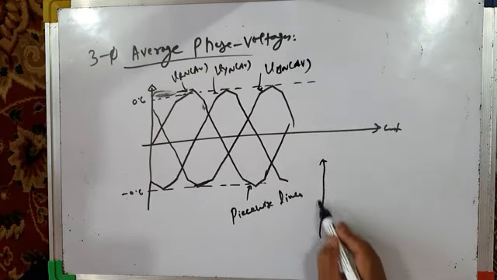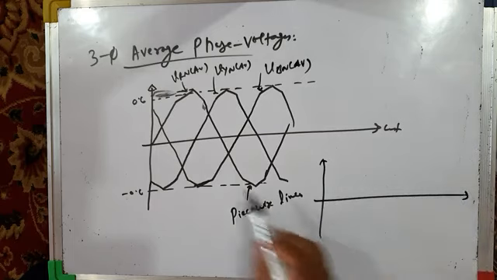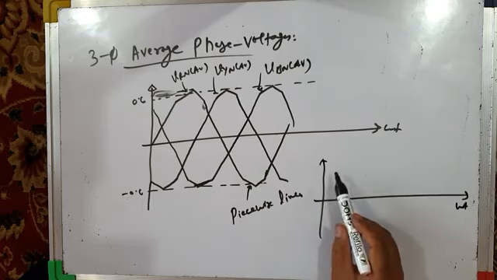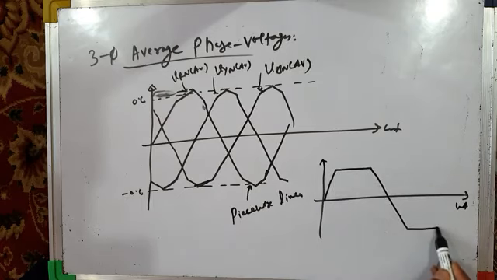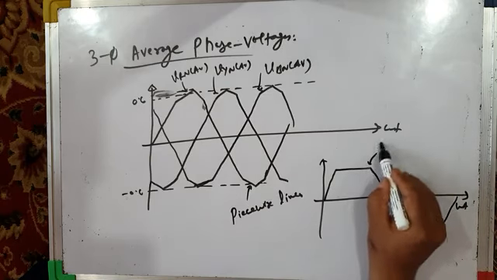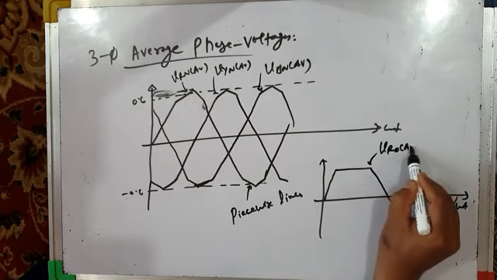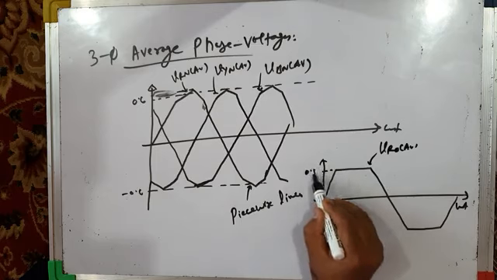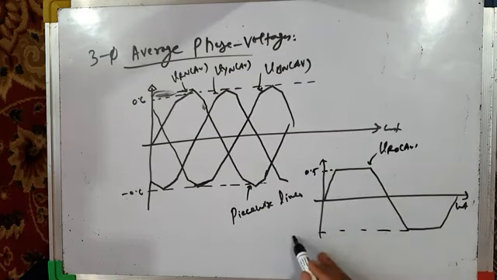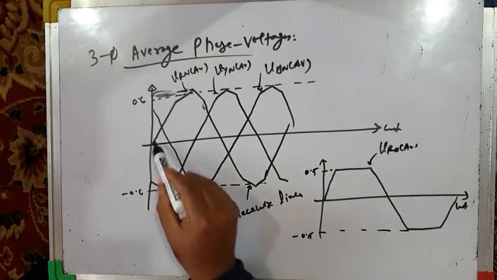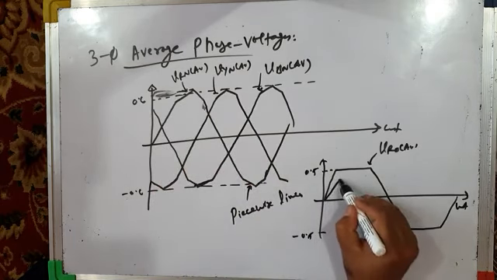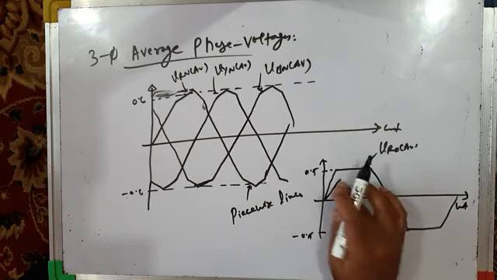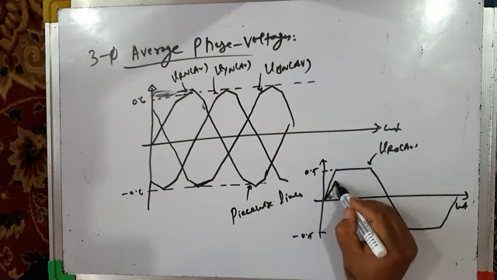If you compare pole voltage VRO with phase voltage VRN, now they are totally different. You can see, for example, this is your average pole voltage, VRO average, 0.5, minus 0.5. And your phase voltage for phase leg R, VRN, is something like this.